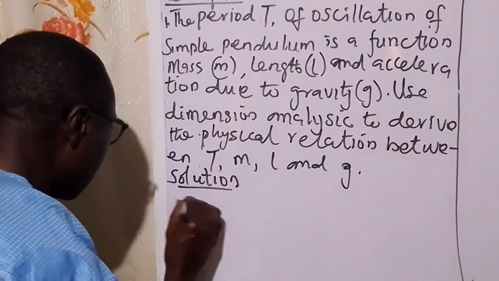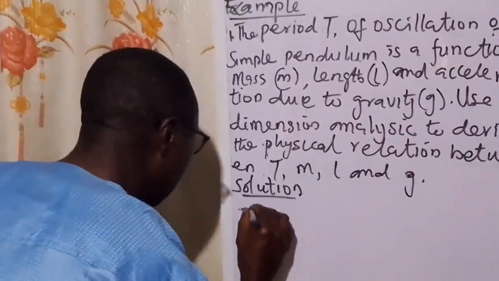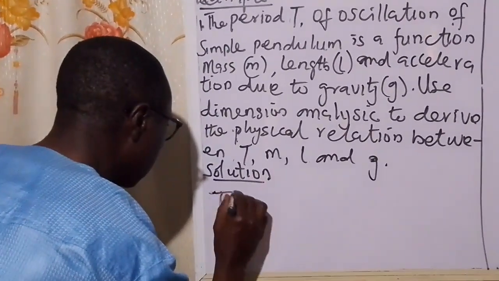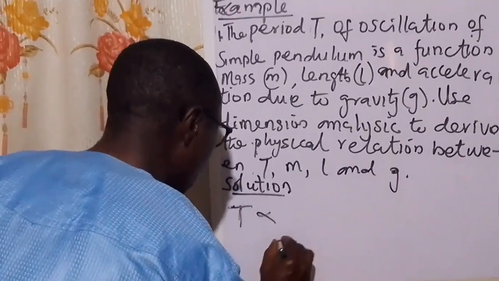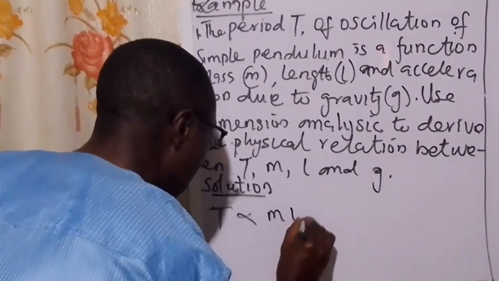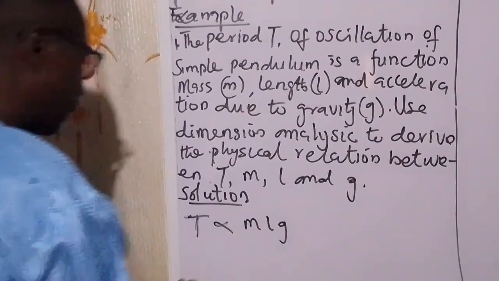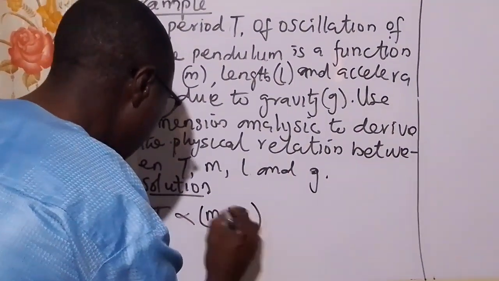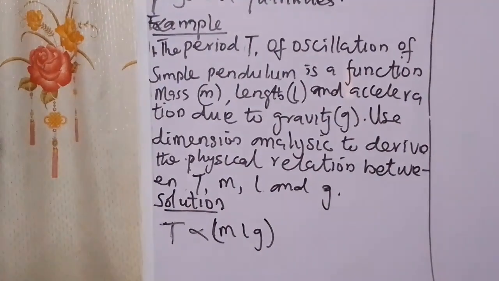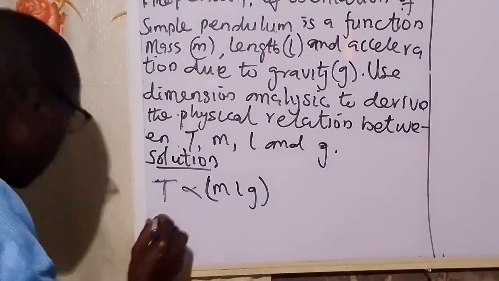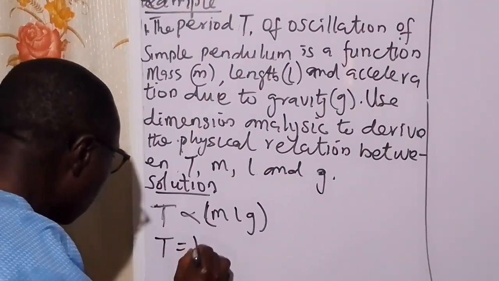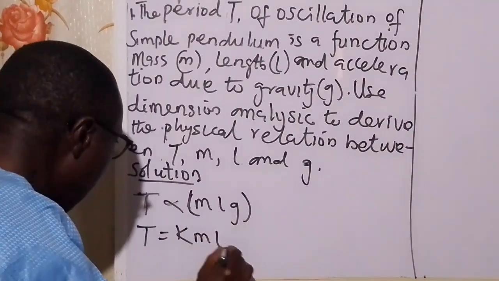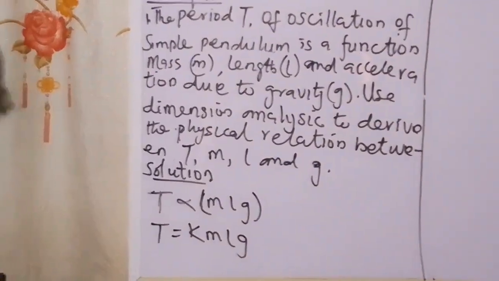So we can now say T is directly proportional to M, L, and g. Now from this one, you can say T is equal to K, M, L, and g.